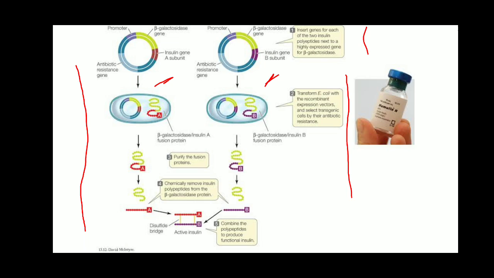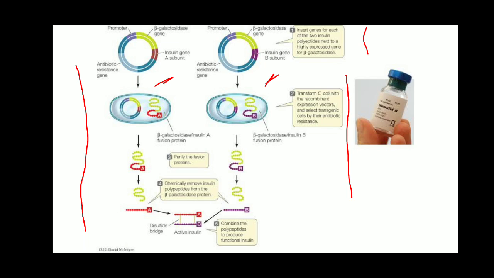The promoter gene is present near the gene coding for the enzyme beta galactosidase. This enzyme converts lactose into glucose and galactose, right? And the insulin gene A subunit is present, meaning this gene codes for chain A of insulin.